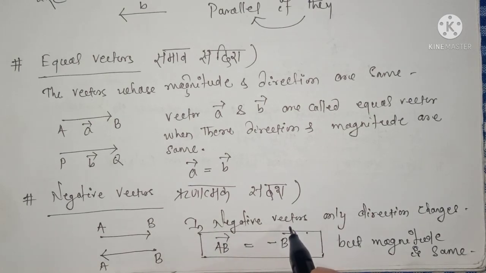So in negative vectors only the direction changes. That means I can say vector AB is equal to minus of vector BA. From east to west direction, vector AB is equal to minus of vector BA, but the magnitude is the same. The magnitude of the two vectors will be the same.